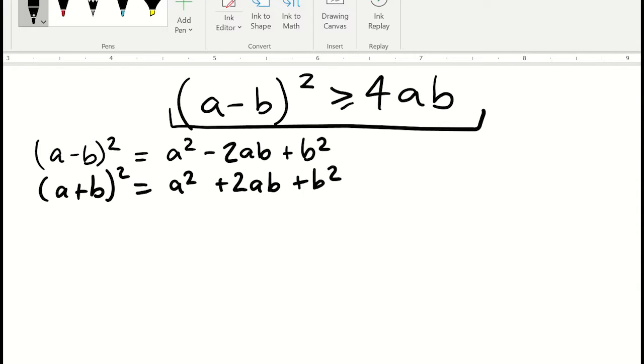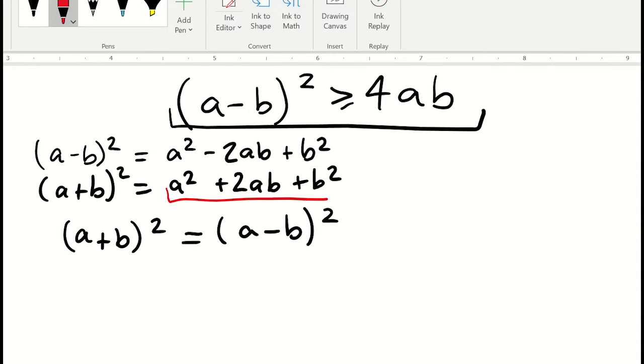So, ideally, I could say that (a plus b) all squared is equal to (a minus b) all squared, apart from, if I take (a plus b) all squared, that would be this term here. What do I need to do to this term here to get back to this term? I'd have to subtract a 4ab. So they are equal to each other if I put in my minus 4ab here.